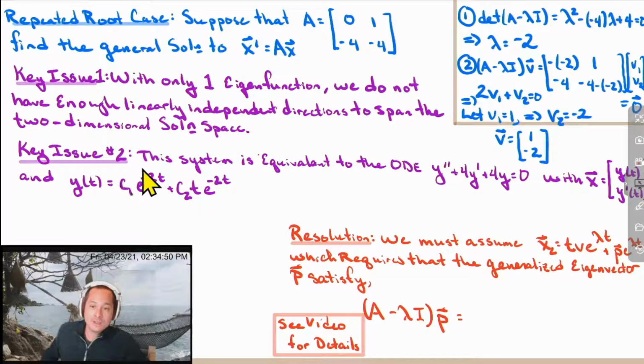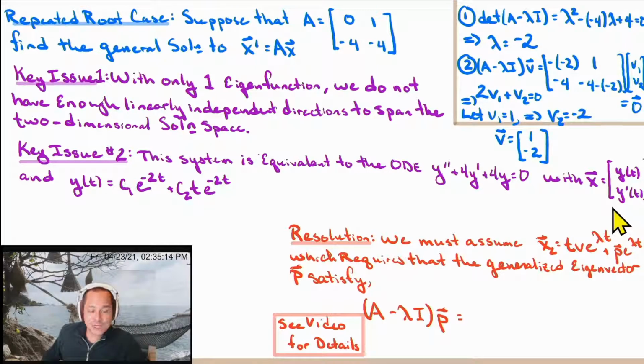Okay? Key issue number 2. This system is equivalent to the ODE, and we haven't talked about why it's equivalent yet, but know that it is y double prime plus 4y prime plus 4y is equal to 0. Okay? With my vector being the y function and the y prime function, first row, second row.